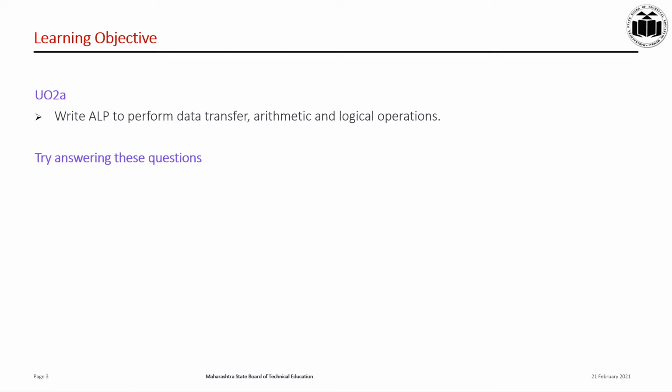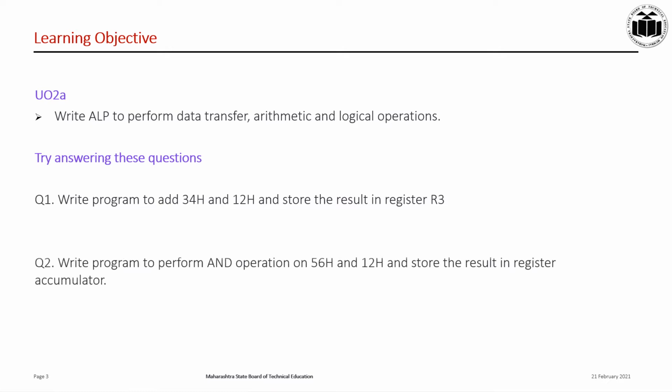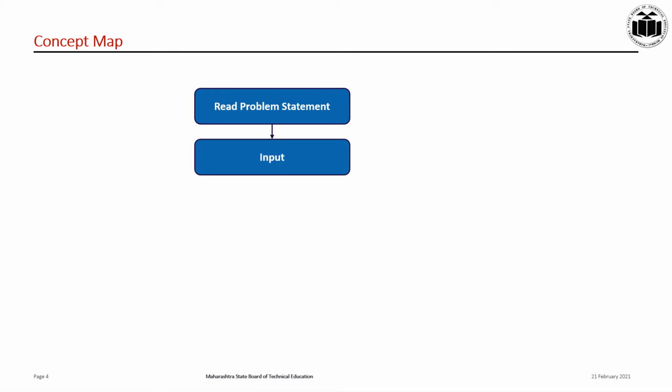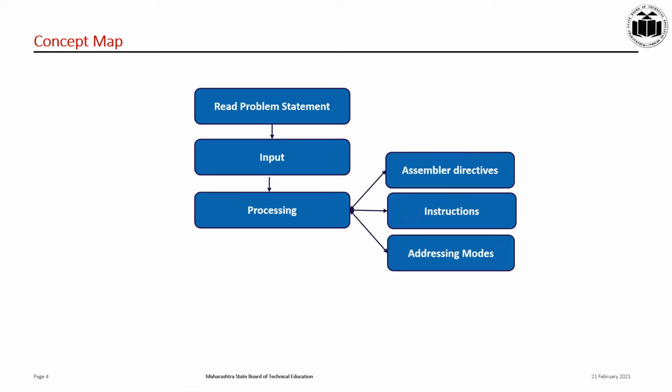Under this, we will study how assembly language program has been written for various data transfer, arithmetic and logical operations. Concept map shows that we have to read the problem statement, then we have to give input data. This input data is processed as per instructions and output is displayed.